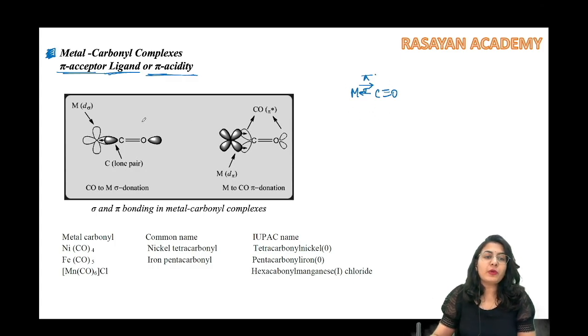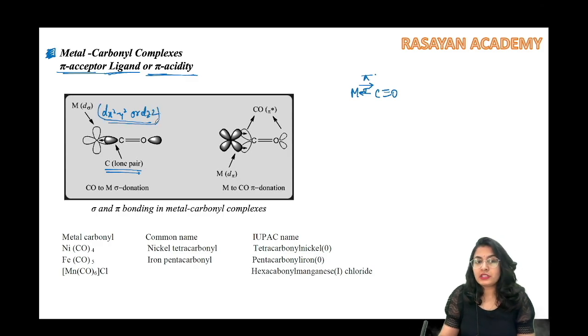So first the base skeleton forms because of the sigma bond. How is the sigma bond forming? The lone pair on the carbon is donating into the sigma orbitals of the metal. Who are the sigma orbitals of the metal? Definitely the d orbitals which are present on the axis. So it could be a dx square minus y square, or it could be a dz square.